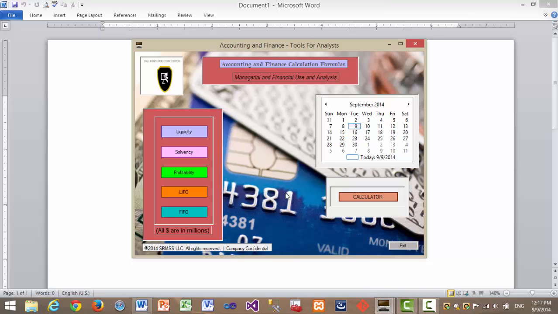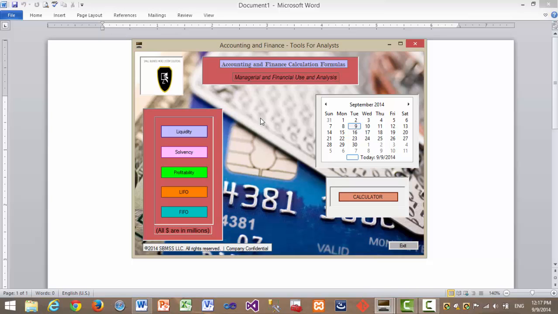Now I would like to present to you the calculations based on these formulas that are used throughout the accounting and finance field in colleges and schools all over the country and all over the world.